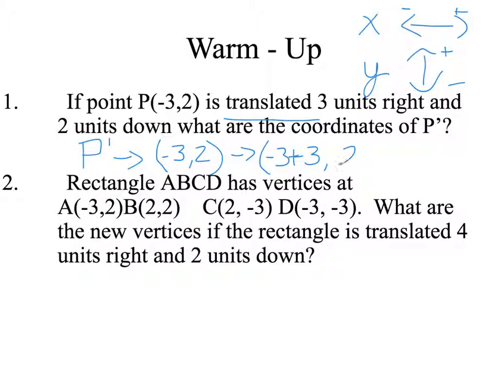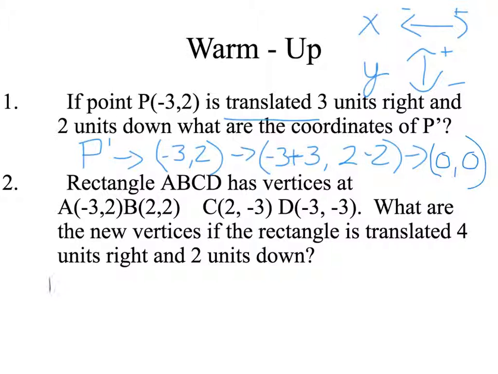And my y-coordinate of 2 is going to go down 2, so I'm going to subtract 2 from it. So -3 plus 3 is going to give me a new x-coordinate of 0, and positive 2 plus -2 will also give me a new y-coordinate of 0. So p prime is actually now going to be at 0, 0.